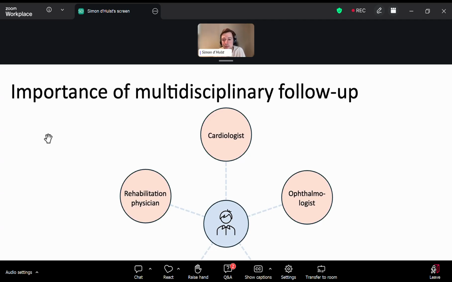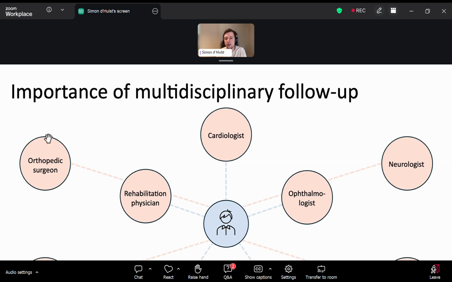As you can see from the image here, the inner circle portrays the really necessary colleagues for every visit, or at least once a year, depending on the specific case and the specific patient, while the physicians on the outer side we usually consult in specific cases or in specific genetic diseases.